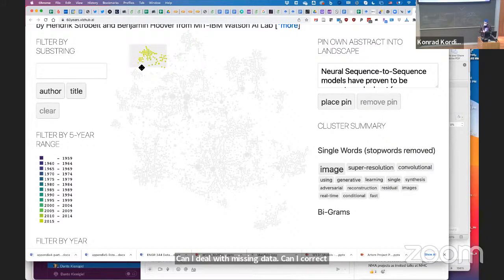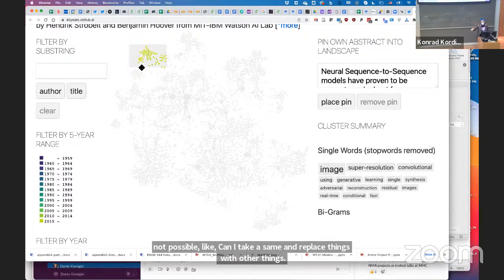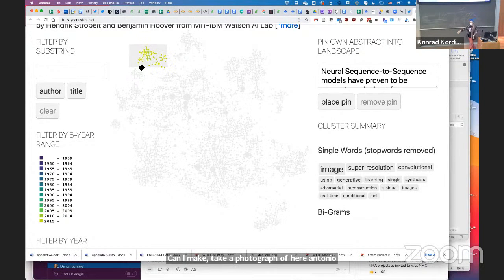Of course, it's relatively new. It's going to be used by Photoshop sooner or later, or probably already, and by all kinds of competitors to Photoshop, which is now an active paper area exactly because these things are not possible. Like, can I take a scene and replace things with other things? Can I take a photograph of here and turn you all into dinosaurs? Or mad scientists?